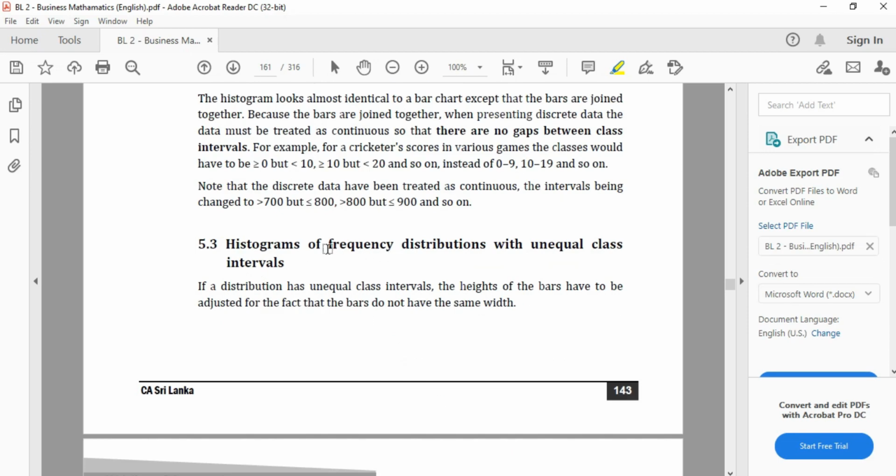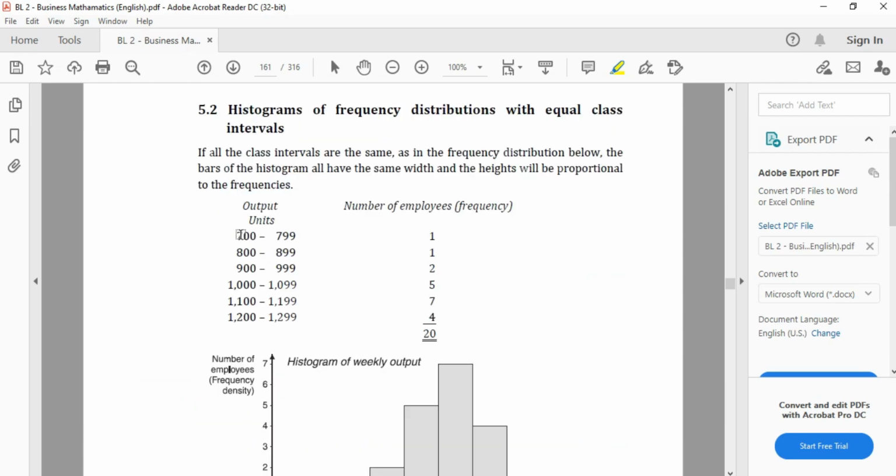But they are trying to show a histogram with unequal class intervals. That means now this is equal. If you see, these are equal class distributions because the gap is equal in every band.